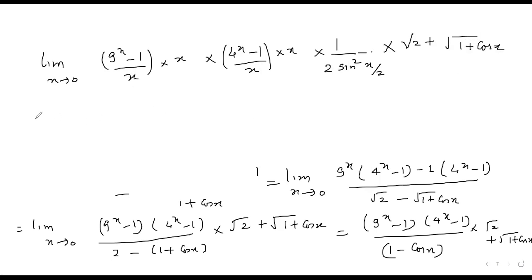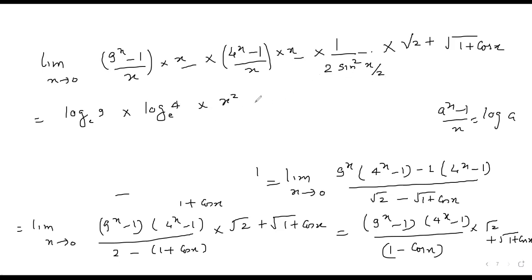Now if you remember the formula, a power x minus 1 upon x is log a. So it will become log 9 into log base e 4 into this x, and this x can be written as x square.